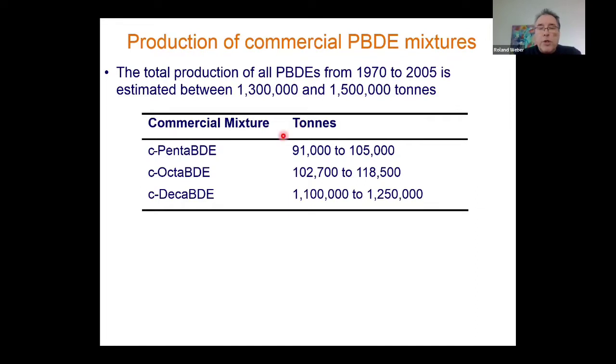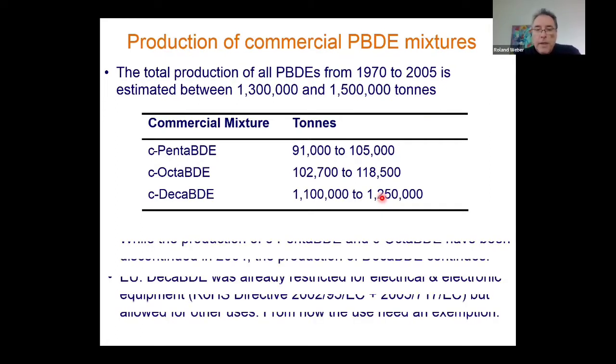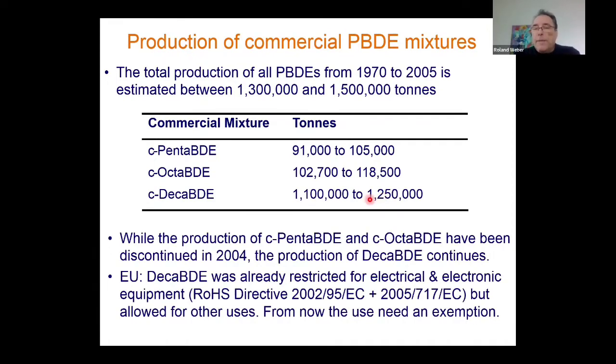The commercial penta-BDE and the commercial octa-BDE have each been produced around 100,000 tons, while the commercial deca-BDE has been produced at more than 1.1 million tons. The production of commercial penta-BDE and commercial octa-BDE was stopped in 2004, and only the production of decabromodiphenyl ether continues.